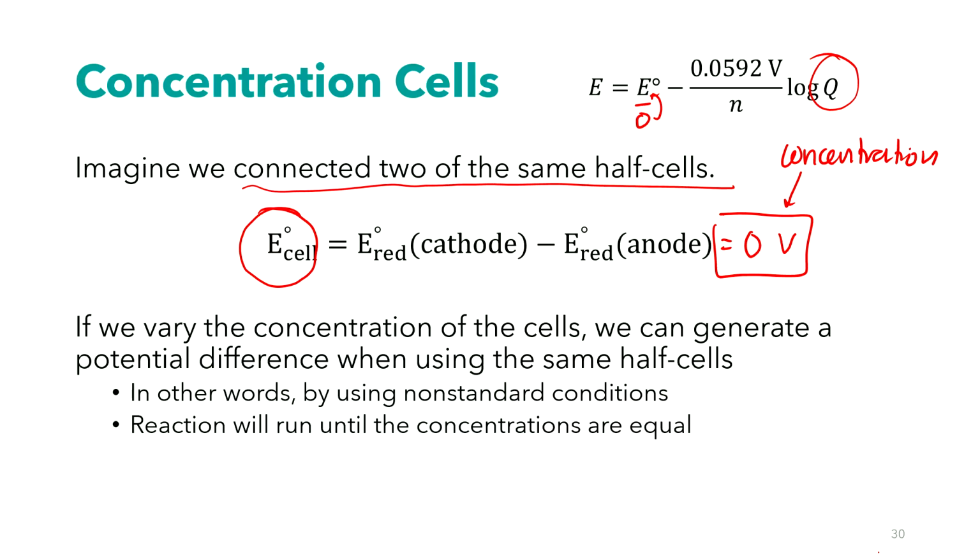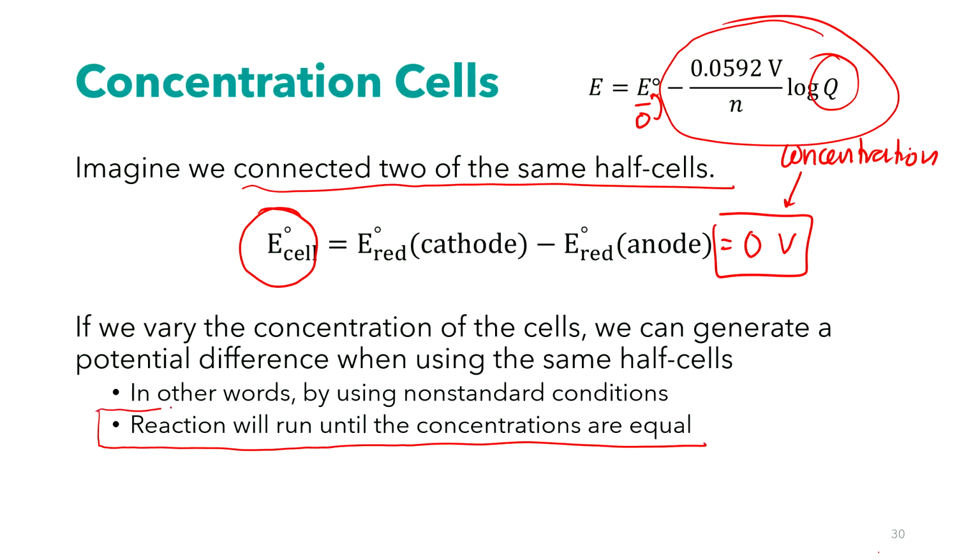Okay? So that's what we do in a concentration cell. We hook up 2 of the same half cells, but we've changed the concentrations so much between the 2 that we generate a voltage. Remember, E naught is always going to be 0, and the voltage is generated from this term. This is the most important statement I can give you when you set these concentration cells up.